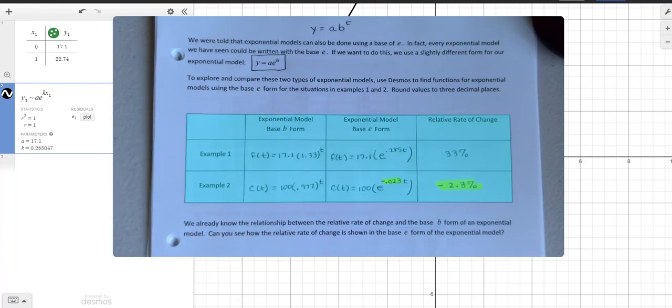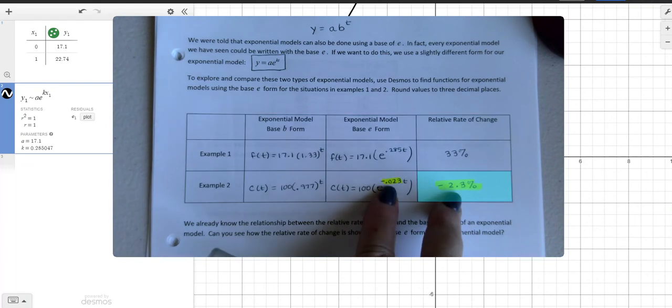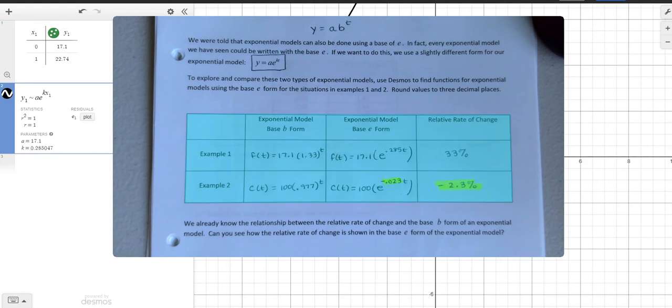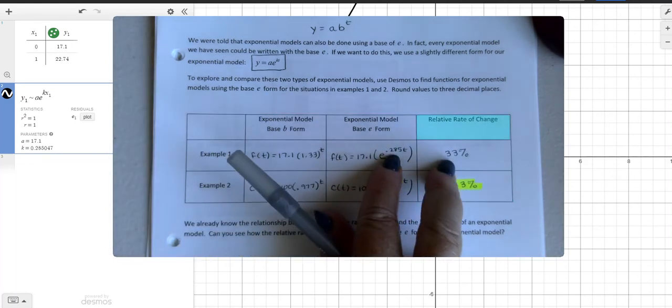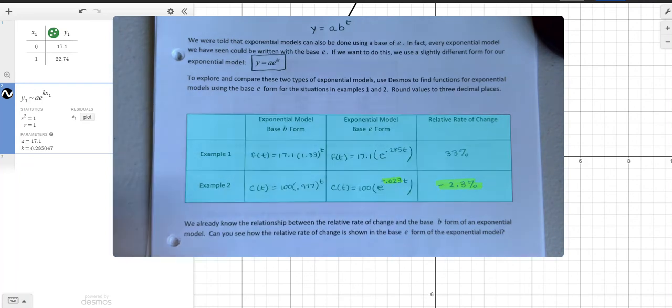So looking at that, I'm thinking, well, gosh, this one worked out so well, right? The K value up here just gave me the relative rate of change. In this case, it was a bit different, and it's actually because this is a much larger rate of change. What's happening here is the difference between an annualized rate of change and a continuous rate of change.